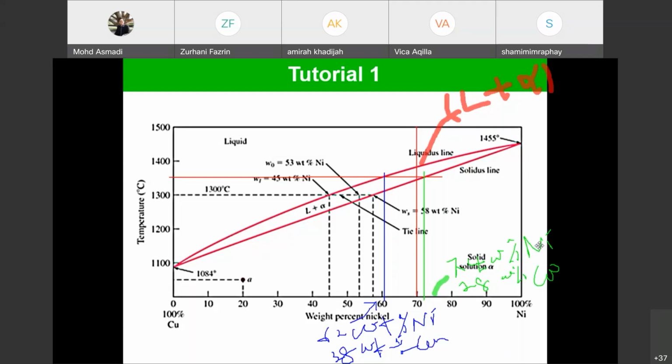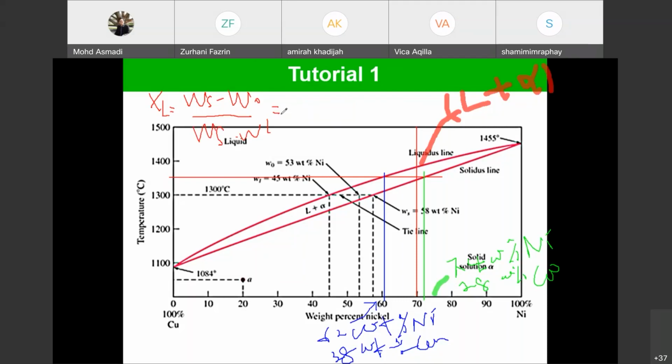Now we want to calculate the percent of solid and liquid. From the equations, if you still remember, the lever rule equation. For the liquid phase, XL equals WS minus W naught divided by WS minus WL.